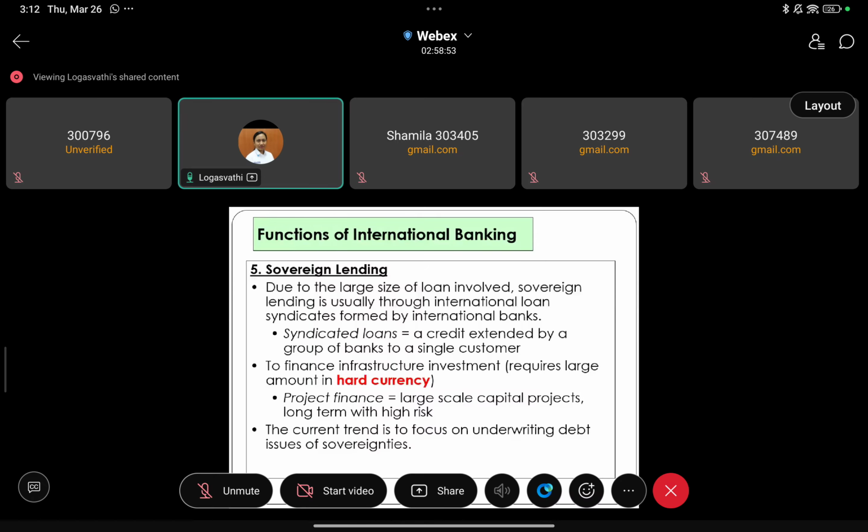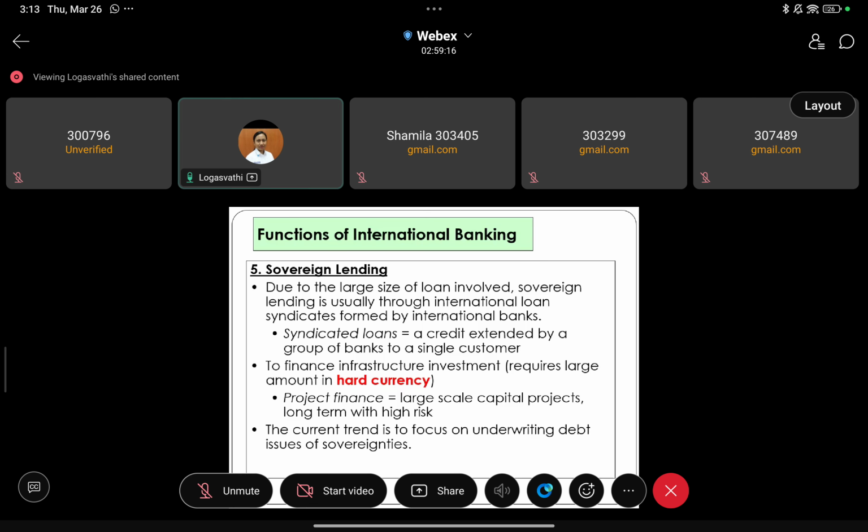But the main difference is that for syndicate loans, a few banks combine to provide one loan. Project financing, one bank or a few banks can combine to provide one single loan.